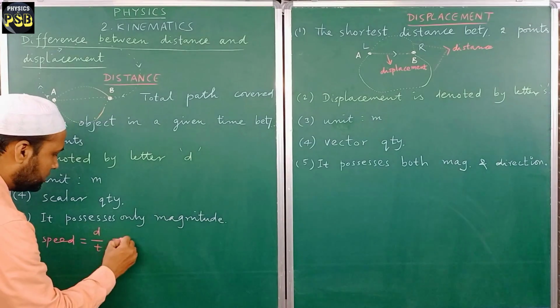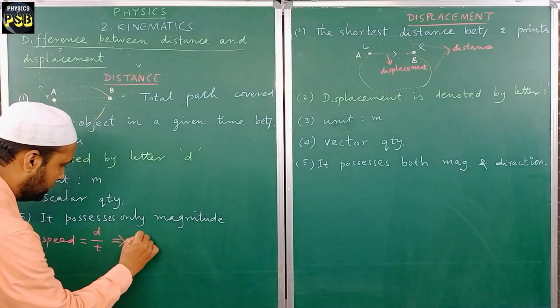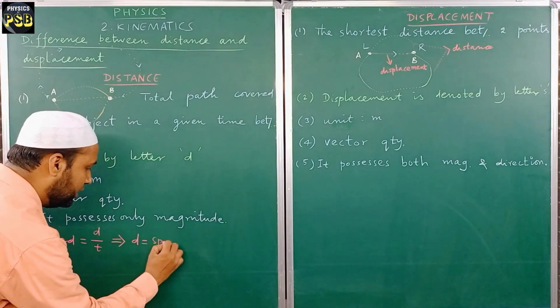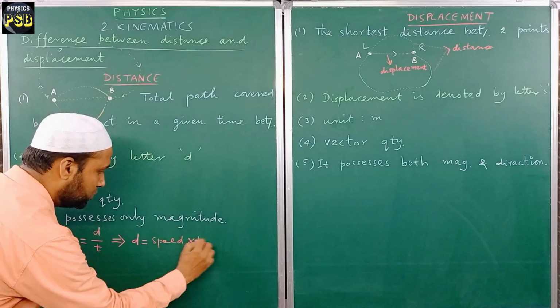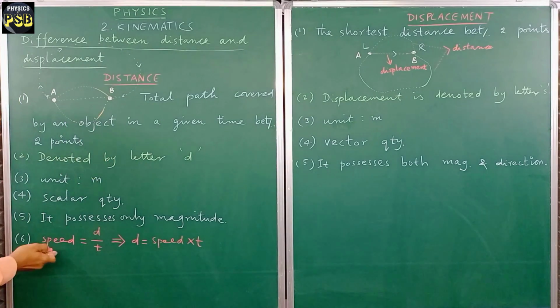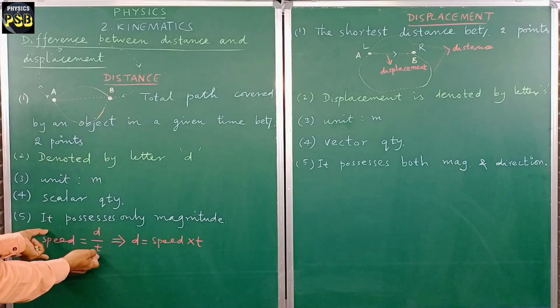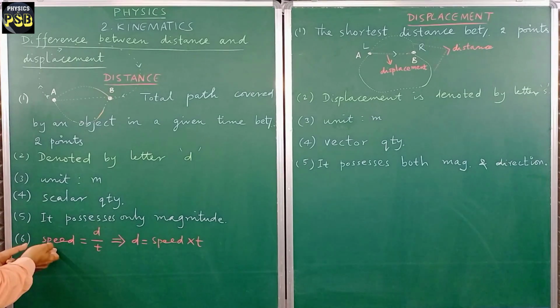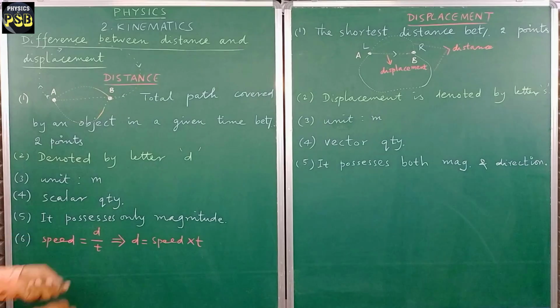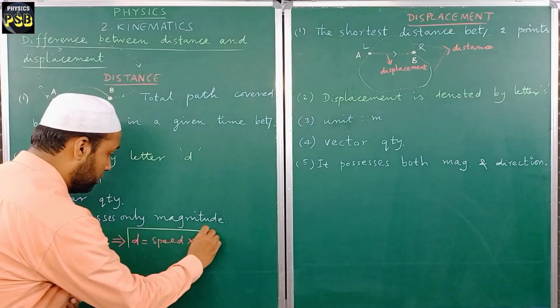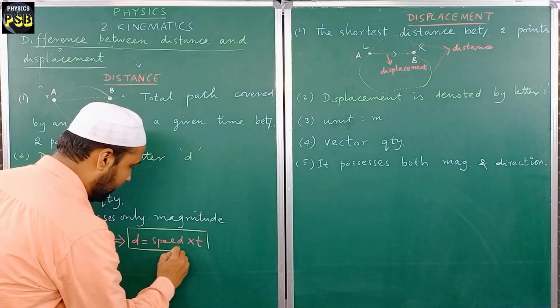Okay. So from this, distance d is obtained by multiplying speed with the time. So what I have done, I have taken t to the left hand side. So this term present in the denominator multiplies with the speed. We get the equation for distance.